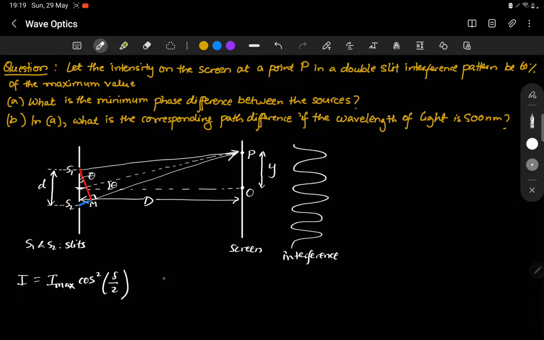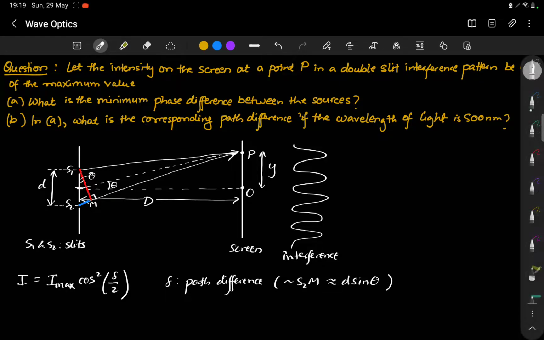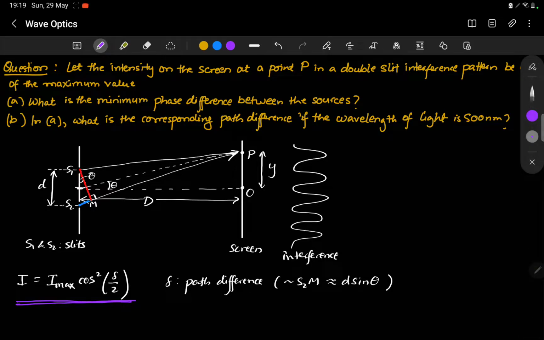So this is the formula for intensity, where delta is the path difference, which is approximately S to M in this diagram, which is approximately d sine theta. I max is the maximum value of intensity.